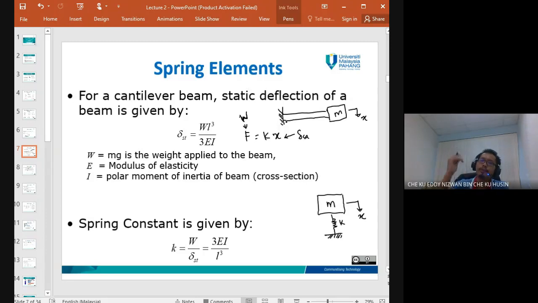Actually it depends on the motion. For example, this one goes with vertical motion.